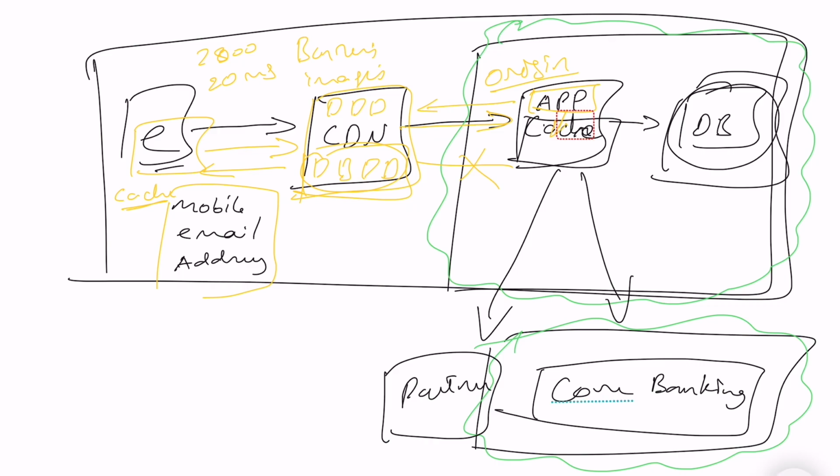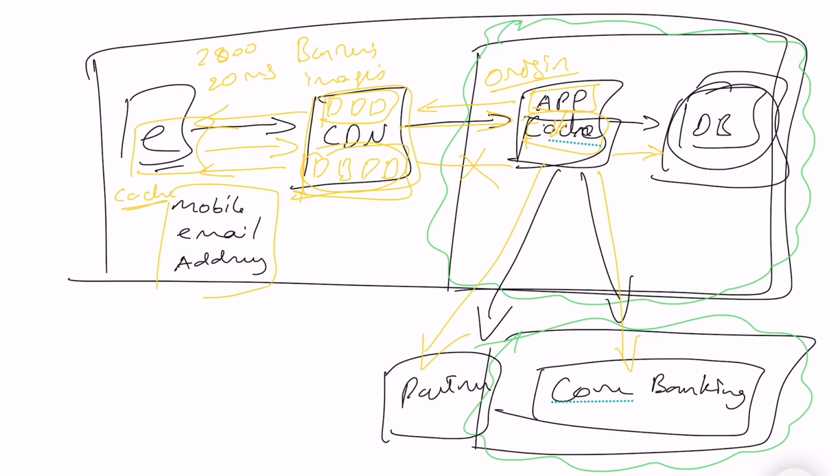Then on the way back, it will be stored on the CDN and then served to the customer. If it is not available in the cache, it will go to the respective backend source. If it is a database, it will go to a database. If it is an external core banking system, or an external partner, it will go there. So this is how the flow works.